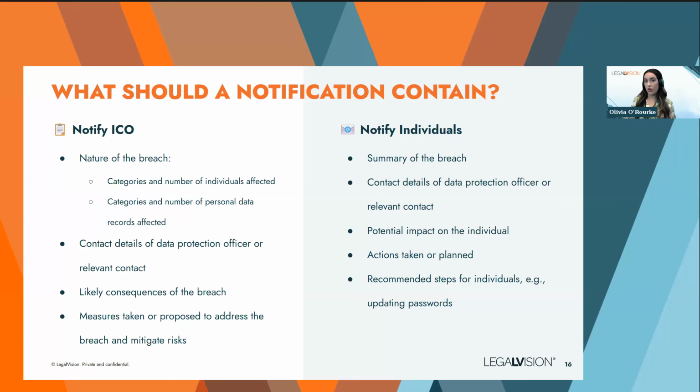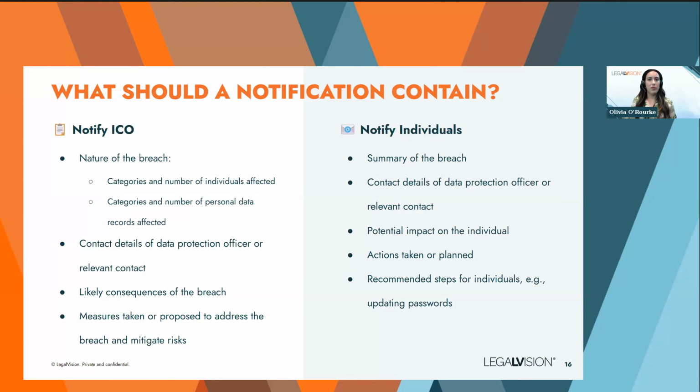An explanation on a really practical level of the potential risk to the individual. Details again of the actions that you've taken or planned to address the breach, and any practical steps that you recommend the individual takes to protect themselves from any harm.